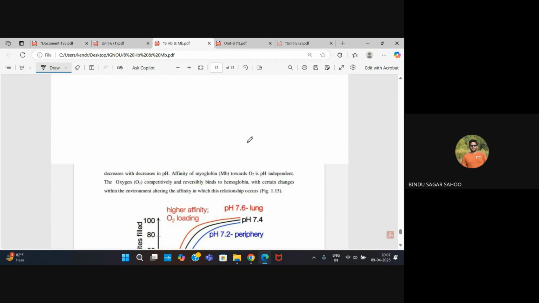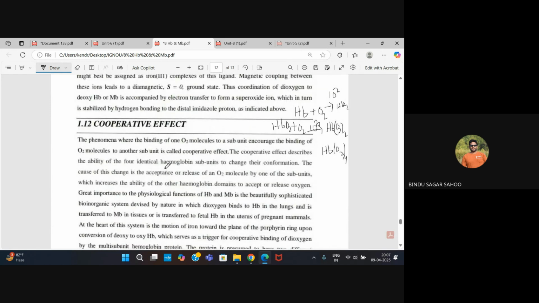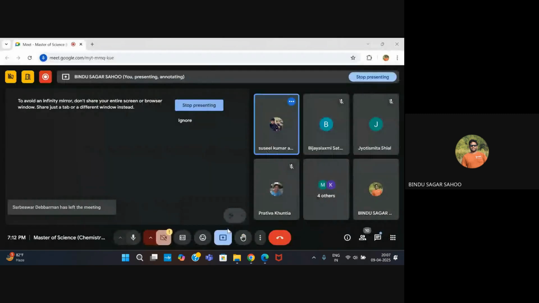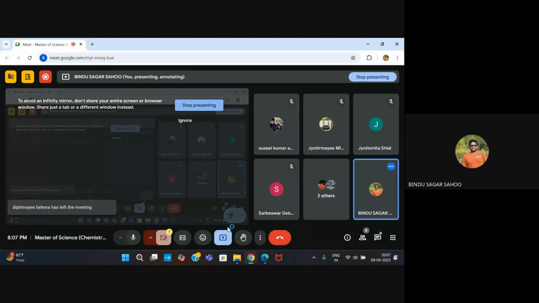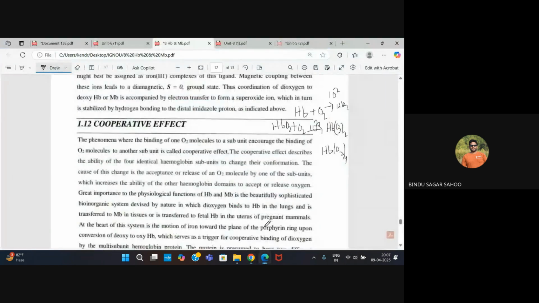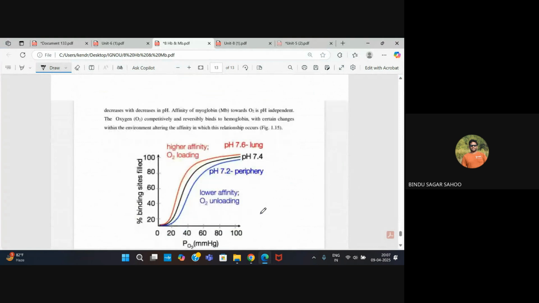Okay. So these two things they may ask as questions, short notes also: the Bohr effect and the cooperative effect. These two things are very important. Okay. Thank you. If you have any doubt, you can ask.